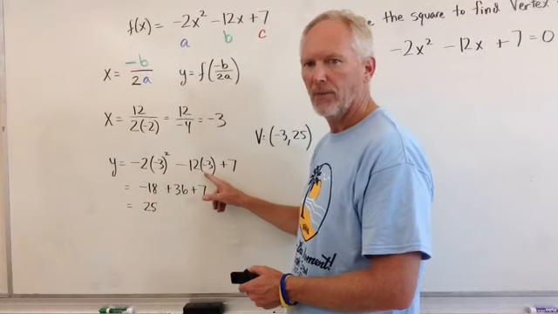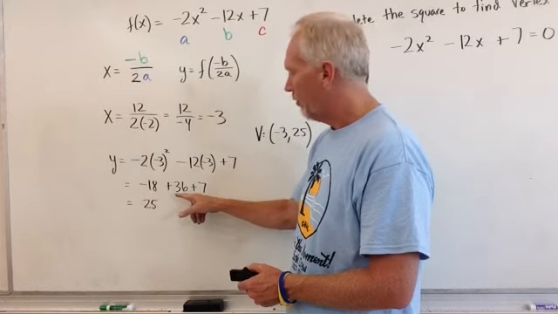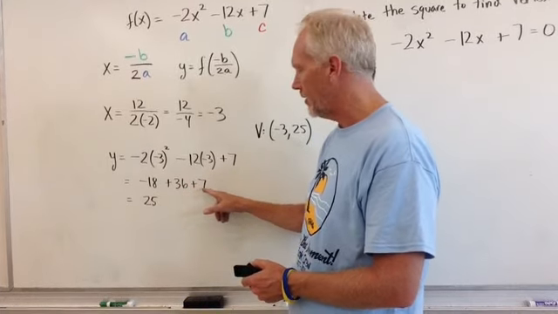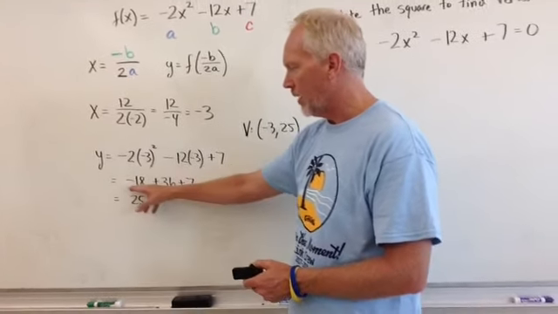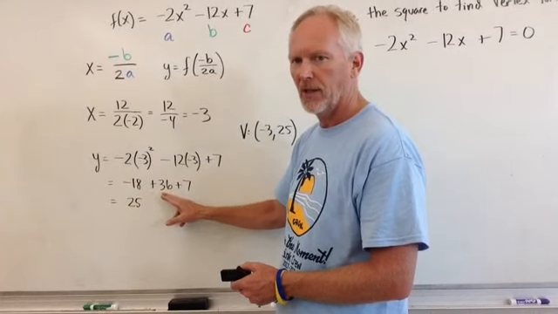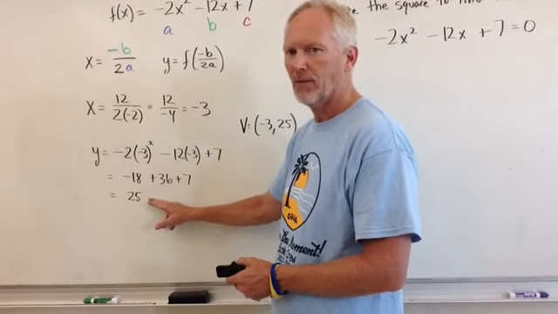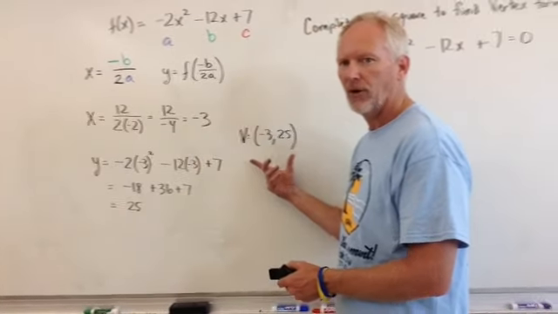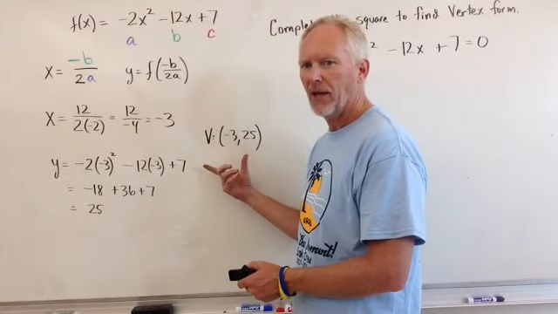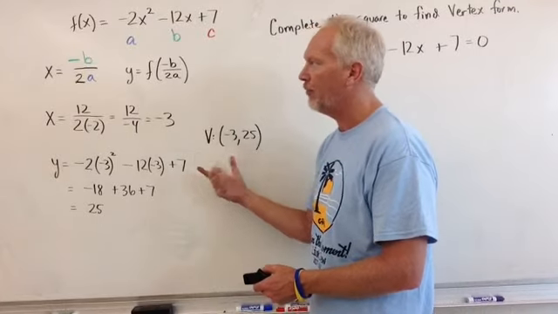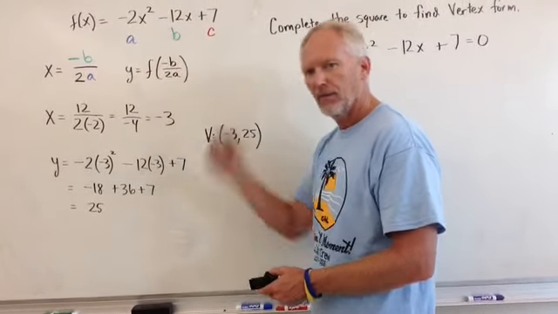Then negative 12 times negative 3 is positive 36, and then the 7 comes along. So we get negative 18 plus 36 is 18, and 18 plus 7 is 25. So we end up with a vertex that is negative 3, 25 from doing it in the standard form.